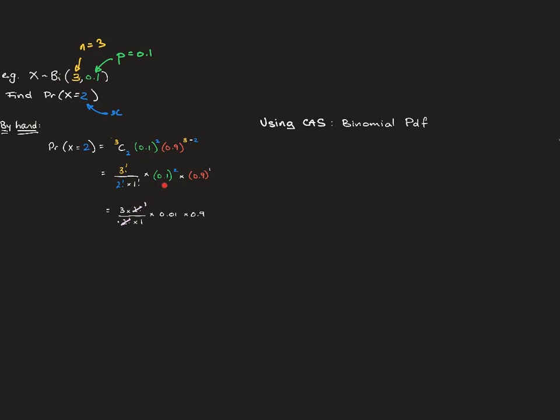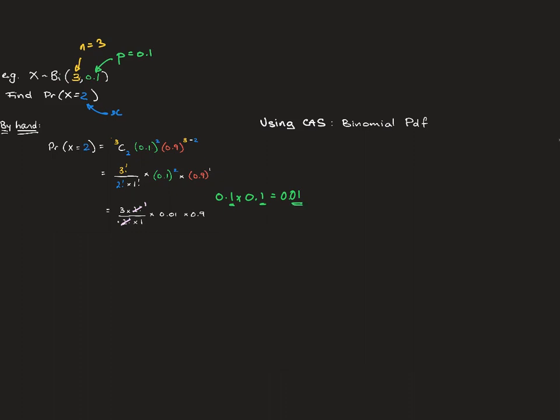0.1 times 0.1 is 0.01. Okay, don't forget when you're multiplying decimals that the number of decimal places in the answer is equal to the total number of decimal places in the sum that you're doing. So here we've done 0.1 times 0.1. So our answer is 1, but we actually need 2 decimal places, so it's 0.01.